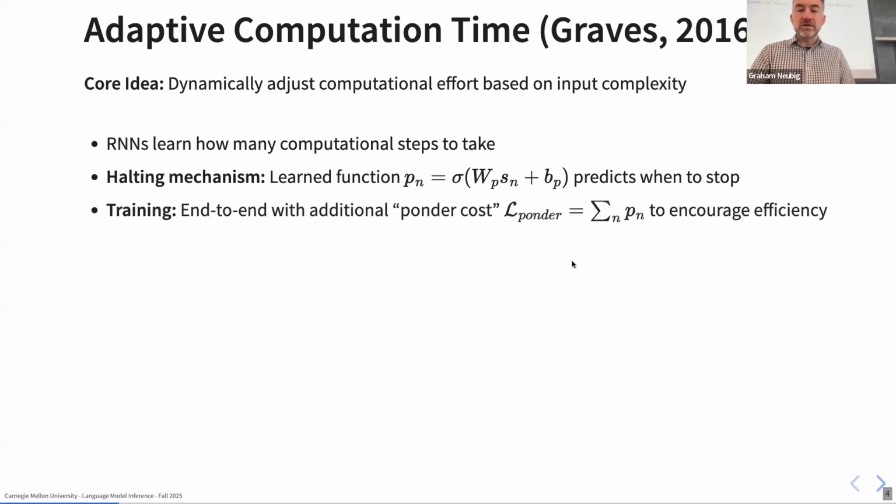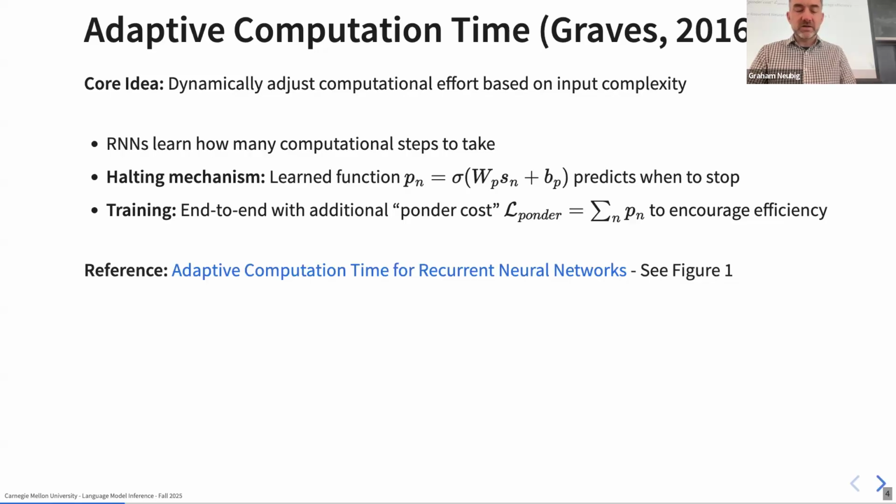They also trained it with something they called the ponder cost, which was a continuous approximation of how many steps you took, to encourage efficiency. And they demonstrated that this worked on a variety of problems back then. You can see figure 1 in the paper if you'd like to see how they created the network.